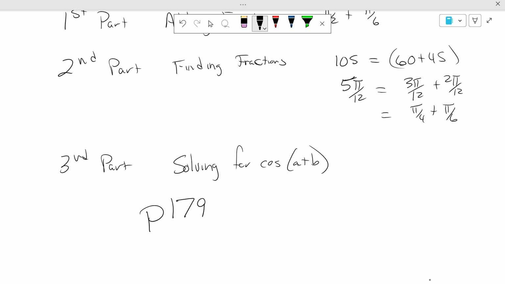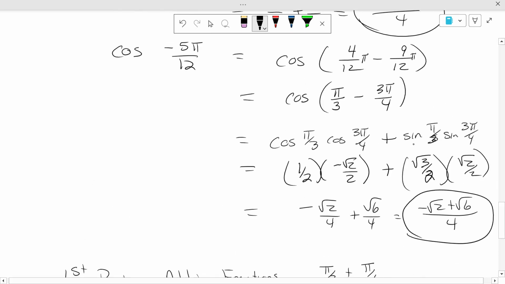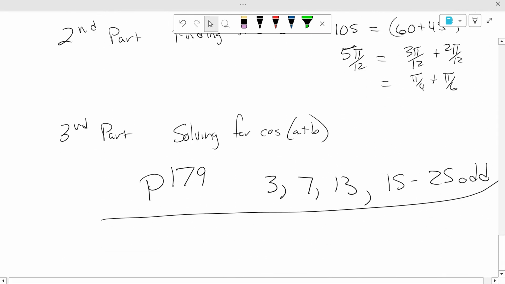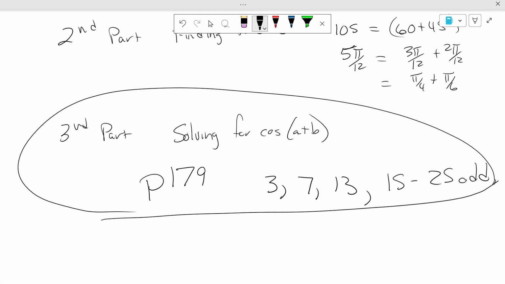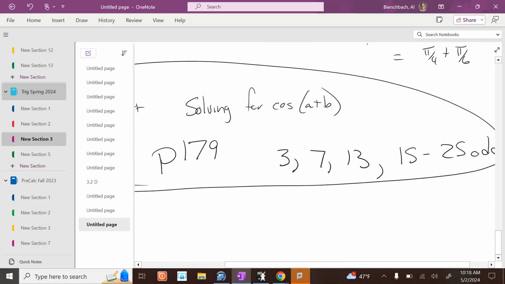We're doing 3, 7, 13, and then 15 through 25, the odds. Okay? So that is our first assignment of 2 today.